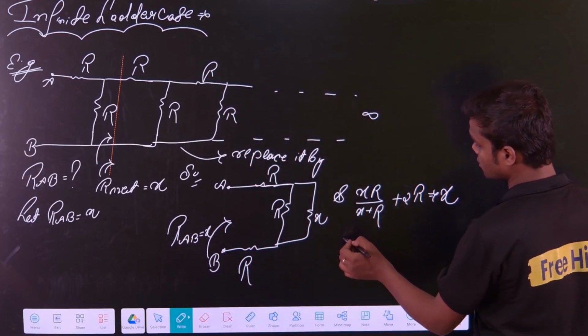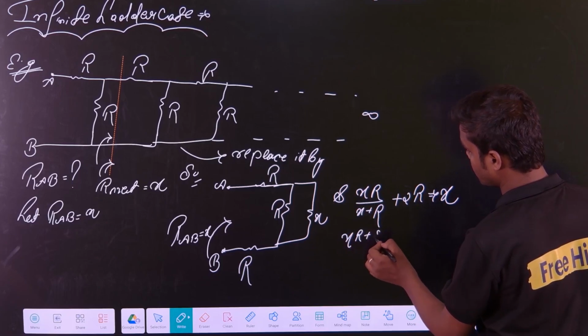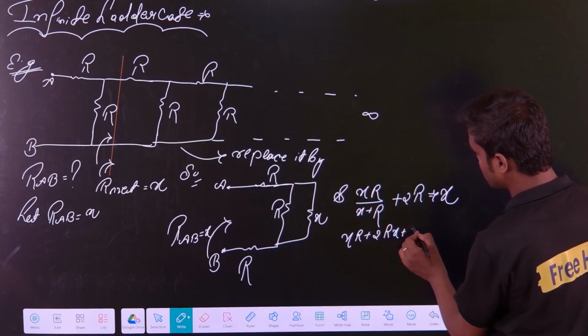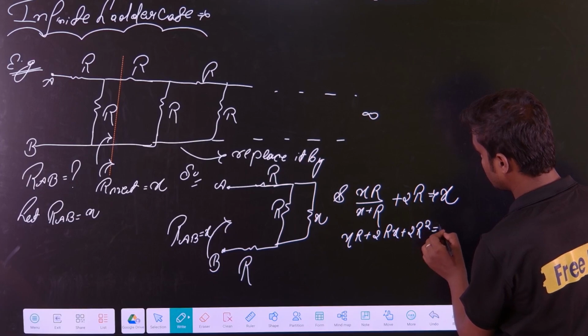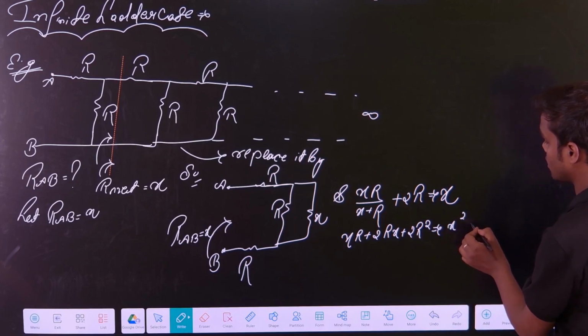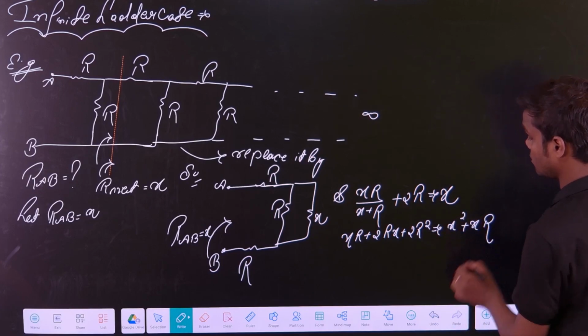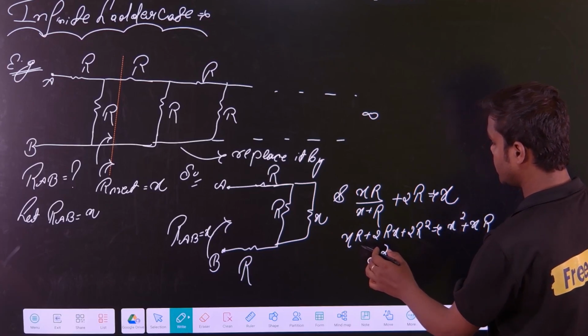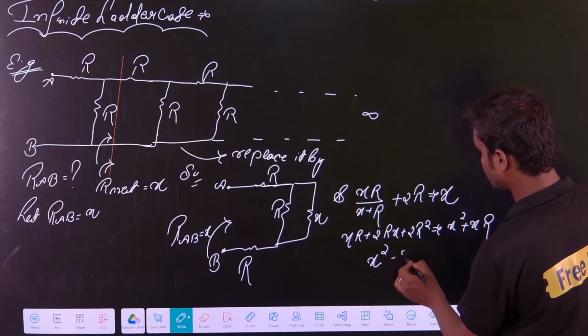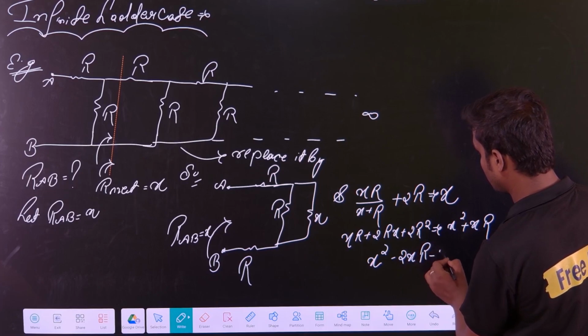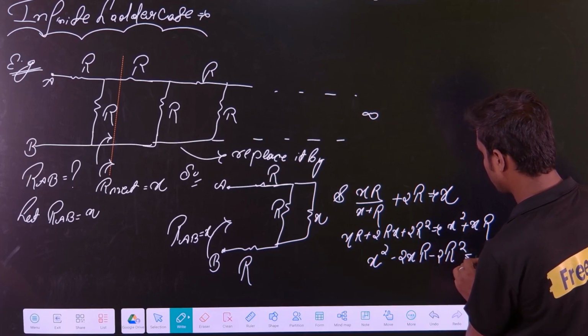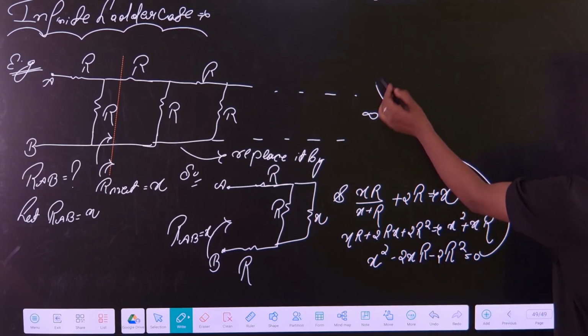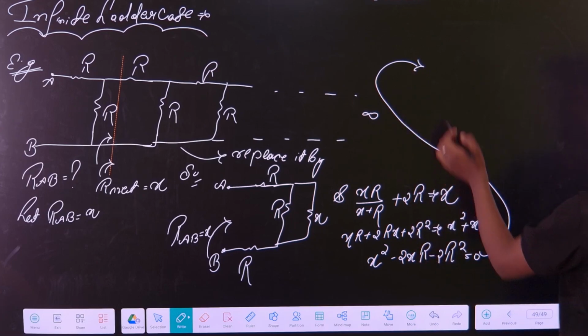Now you calculate this. This is XR, 2RX, 2R square, over X square plus XR. So what is the value you will get? X square plus 3XR minus 2XR minus 2R square is equal to 0, that is X square minus XR minus 2R square equals 0. Now what is the value of X?